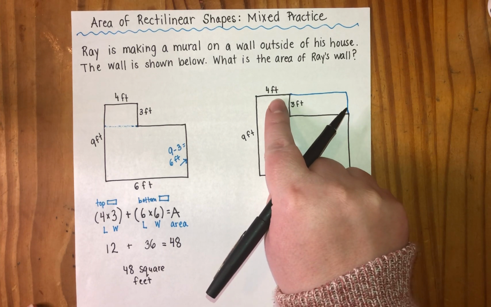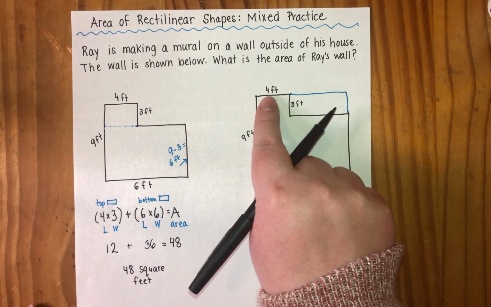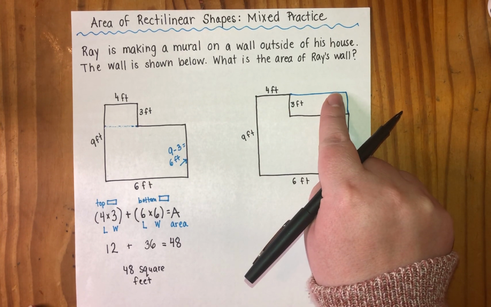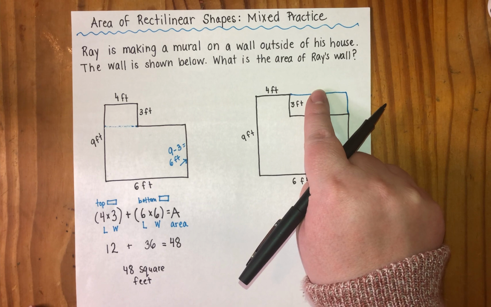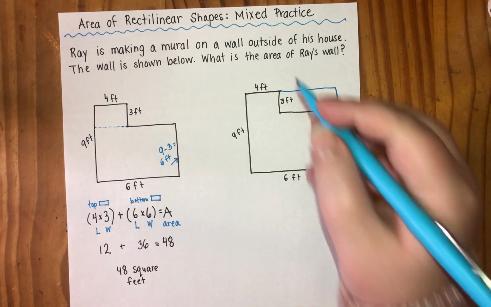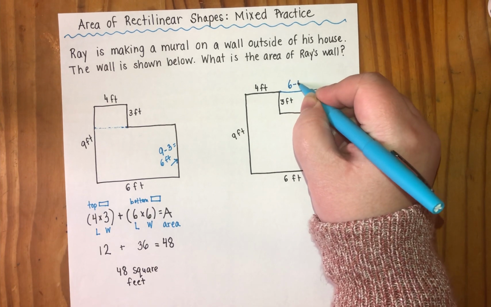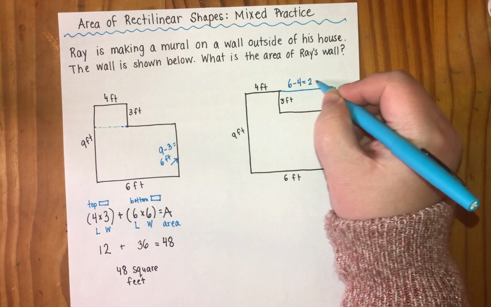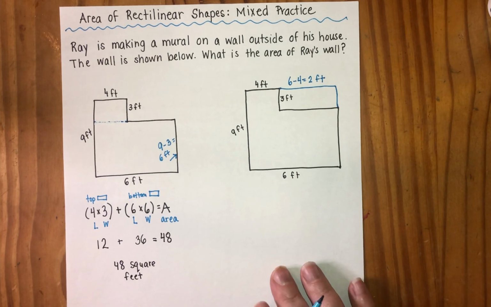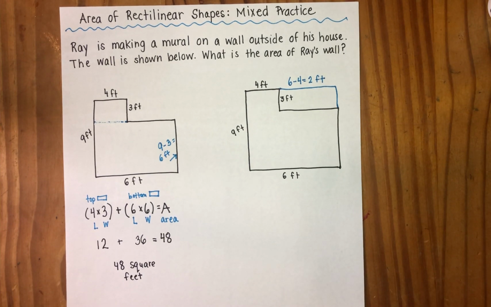Since the top line needs to be equal to 6 feet as well, then we know that our missing part is, correct, 2 feet, because 6 minus 4 equals 2. Great work. What did you do next? Say it out loud.